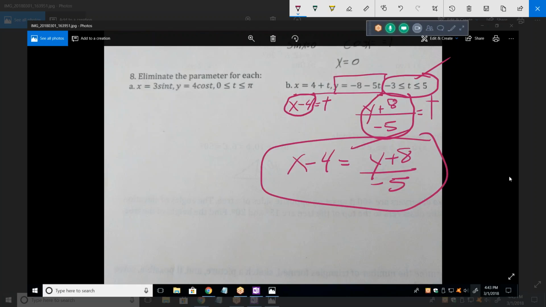If we were to graph it, it wouldn't be a full straight line. Wherever that line goes, it's only going to go between those 2 points. So if they'd asked you to graph it, then that domain restriction for t is important. But they don't ask us to graph it.